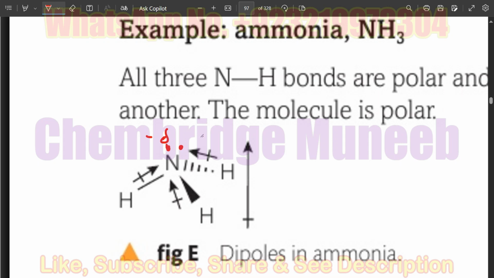The partial negative area on the lone pair is very high. Because of this reason, the molecule will always be polar, because one side has a very high negative rich area. We call it an electron rich area because of the lone pair. So the direction of the dipole will be from hydrogen to nitrogen.